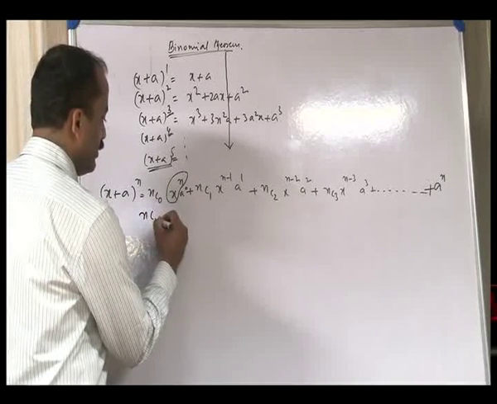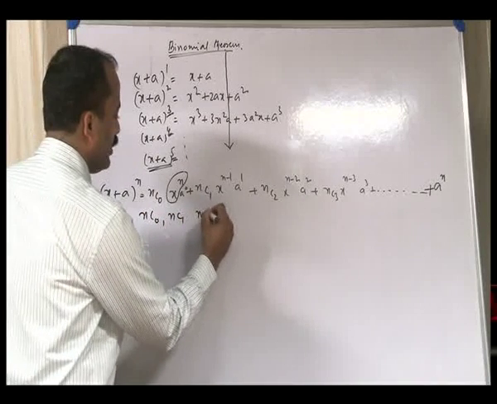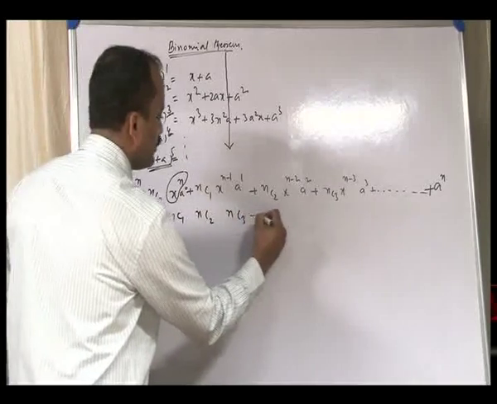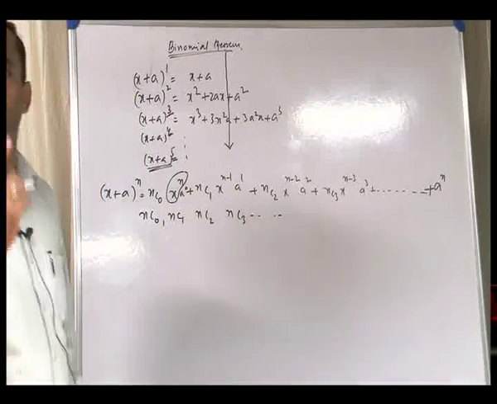where this nC0, nC1, nC2, nC3 etc. are called binomial coefficients.